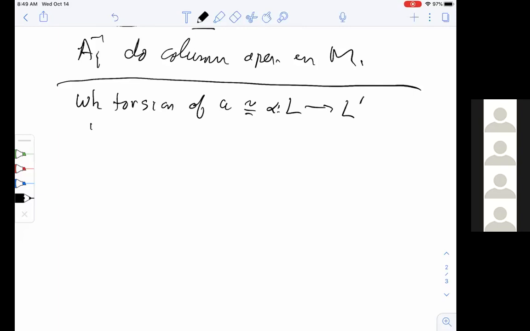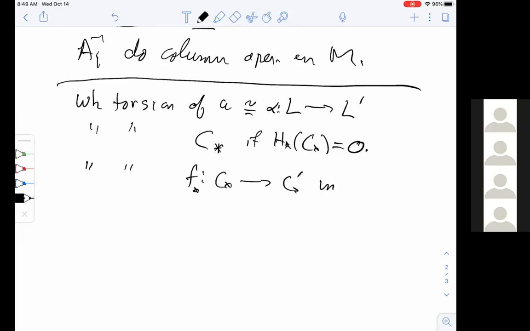Then we defined the Whitehead torsion of a chain complex C star, again with chain groups free with bases, if the homology of C star is 0. And then I defined the Whitehead torsion of a chain map between chain complexes, inducing an isomorphism on homology.